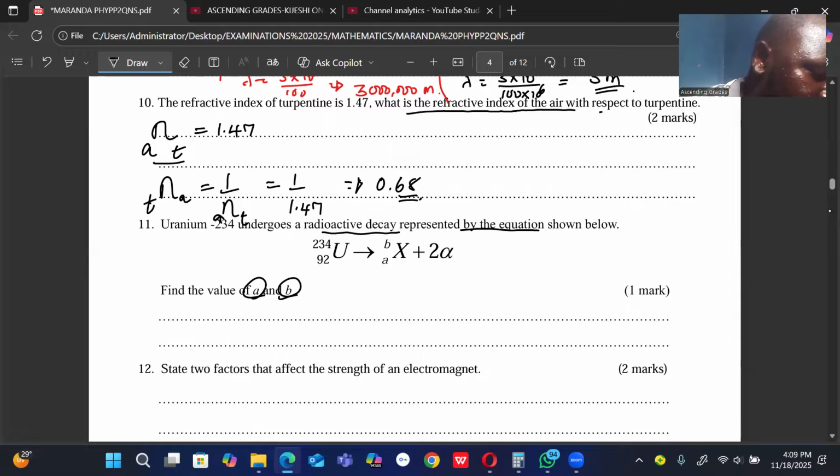So in this case, we start with part B. You can see from this equation, we are producing 2 alpha particles.